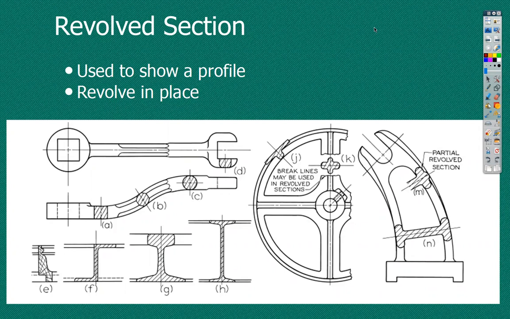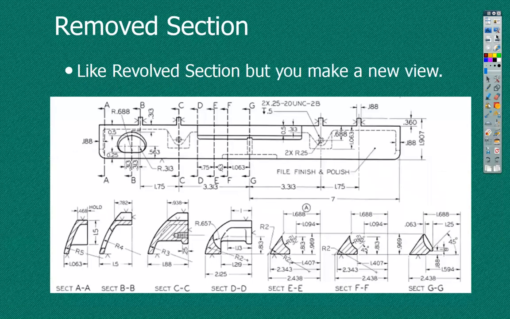In 2D, if you're just using AutoCAD to do it, that's easy, because you're just drawing it yourself, no problem. But if we're using Inventor, Fusion, SolidWorks, doing something like this with the breaks around it is hard. It's easier just to do the section and move it out to the side, which is a removed section.